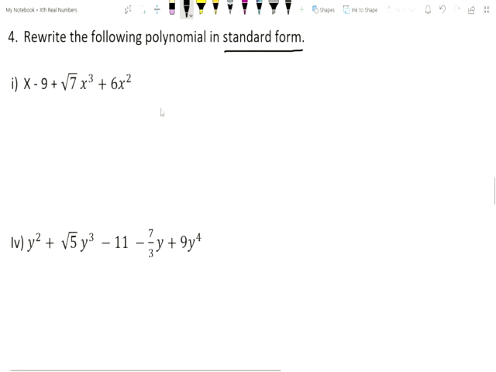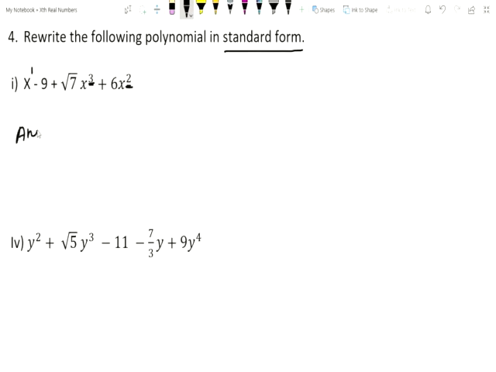Now see here x minus 9 plus root 7x cube, here x square. Here power is 1, here power is 0 because this is constant. Here the power is 3, here power is 2. So in this 1, 3, 2, 0, which is the highest power? 3 is the highest power. So you should write it in descending order.